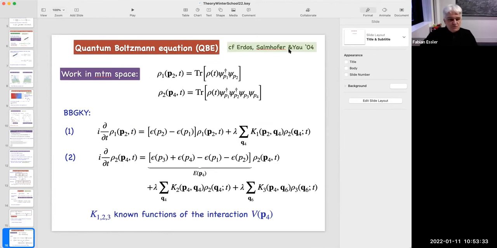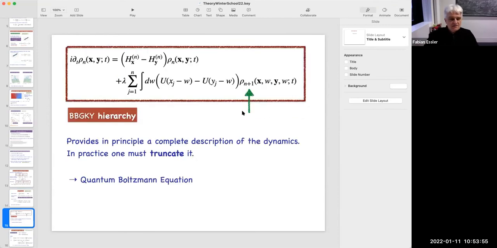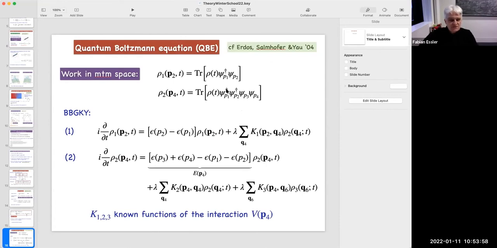It's convenient to work in momentum space rather than position space, so to work with these reduced density matrices obtained from the previous ones simply by going to Fourier space. That's an exactly equivalent set of equations and set of reduced density matrices. You can write this BBGKY hierarchy in momentum space, and it takes the form shown here.